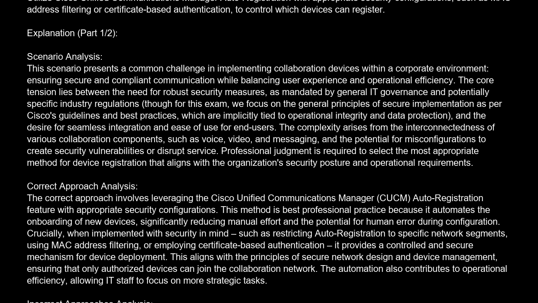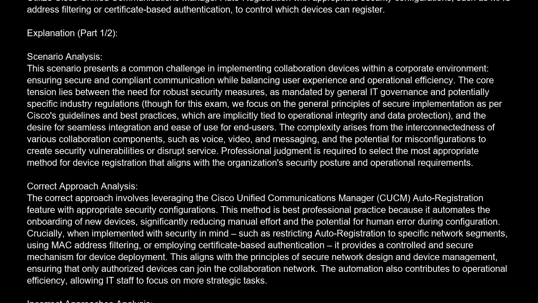The correct approach involves leveraging the Cisco Unified Communications Manager, CUCM, auto-registration feature with appropriate security configurations. This method is best professional practice because it automates the onboarding of new devices, significantly reducing manual effort and the potential for human error during configuration.